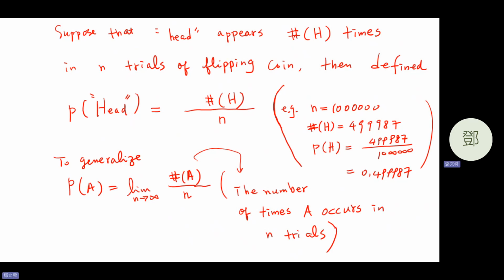So this time the number of A is 499,987, and the probability is defined as this.